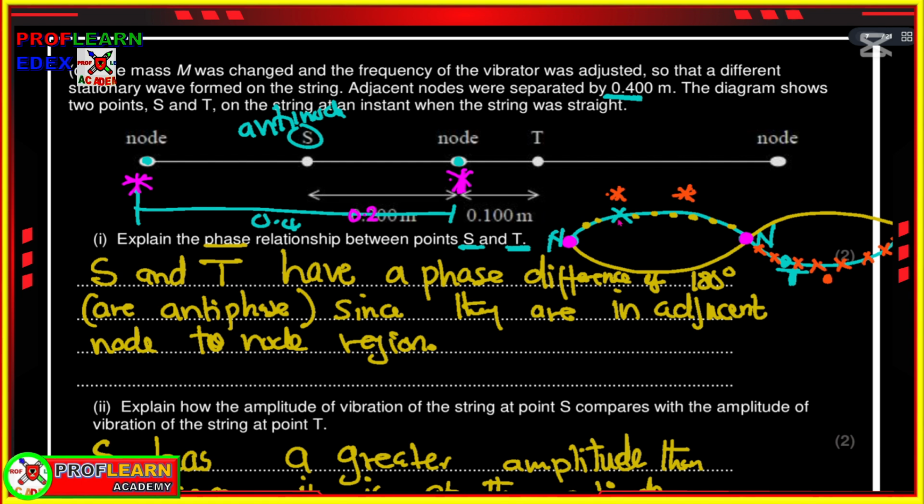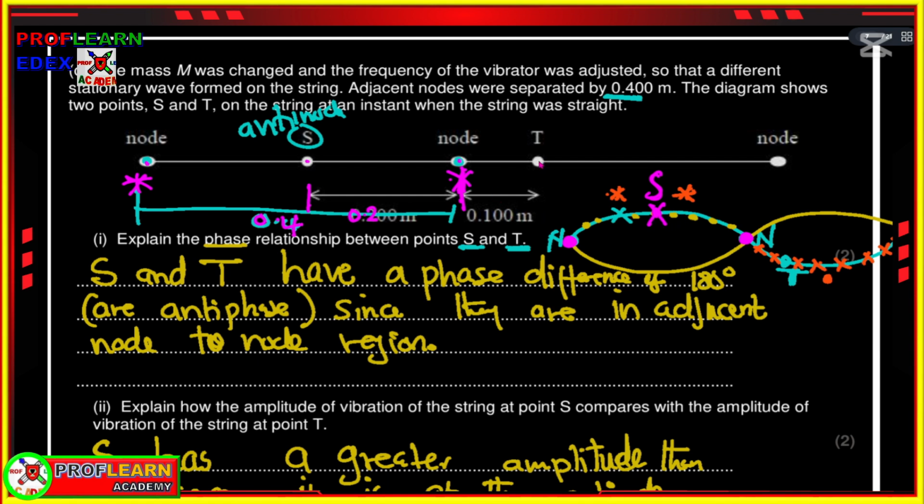So meaning this point S is at the maximum point, so our S is going to be at the antinode, because we were told from this node to this node is a distance of 0.4. So if from here to here we have 0.2, then this must be the antinode, the maximum point.